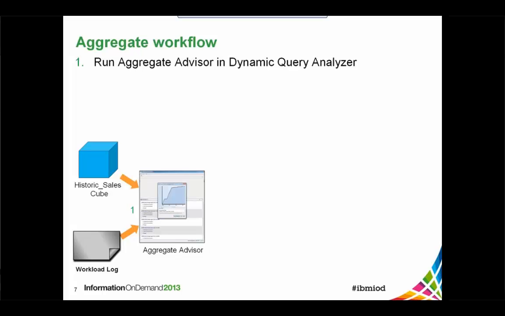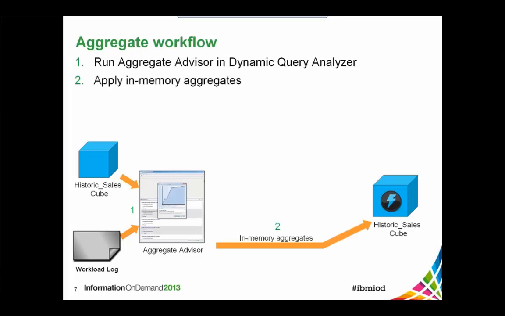Aggregate Advisor is a tool that's part of Dynamic Query Analyzer, which takes the cube model, in our case the historic sales cube, as well as a workload log that captured actual user queries. So the Aggregate Advisor will take the cube model and the workload log, process it, and run through its various heuristics and strategies to determine aggregates that we think will improve performance.